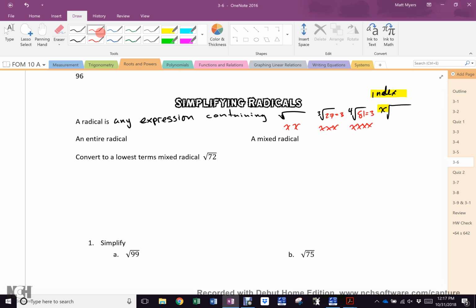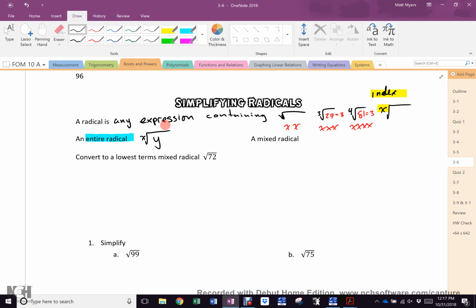Excellent. Now, we are going to highlight 2 things here. An entire radical is just index, symbol, and some expression underneath. That expression could be a single number. It could be a variable. It could be a coefficient and a variable.